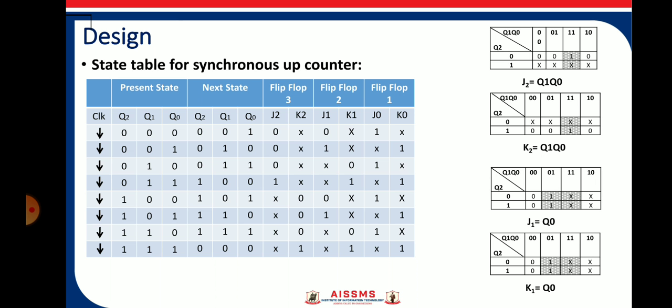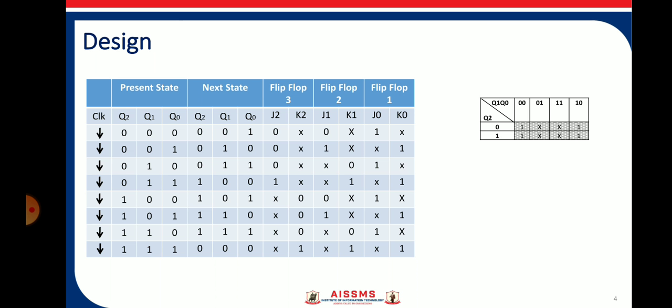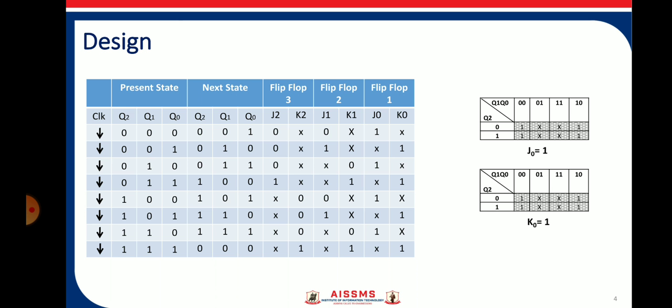To continue, the expression for J0 is here. The J0 column contains all 1 or don't care. By considering that, it makes a grouping of 8 ones, so J0 equals 1. Similarly, K0 is also similar to J0, so K0 equals 1.